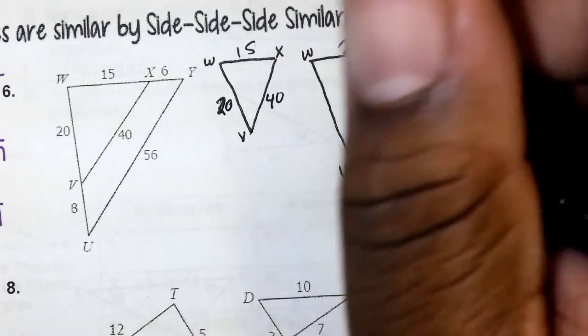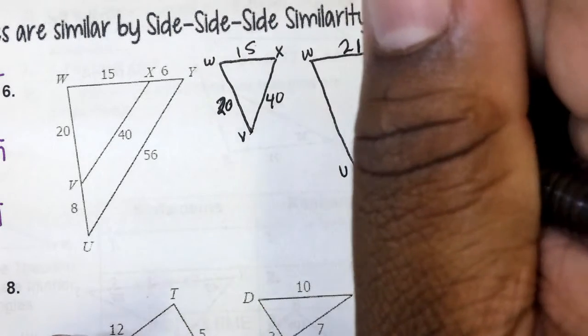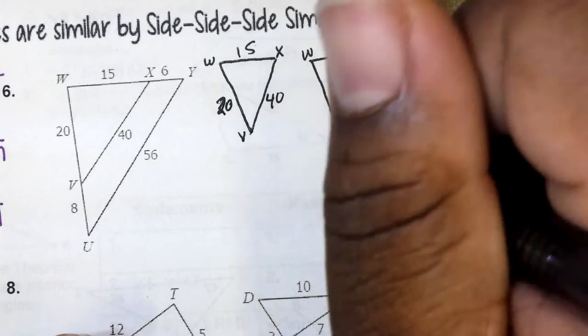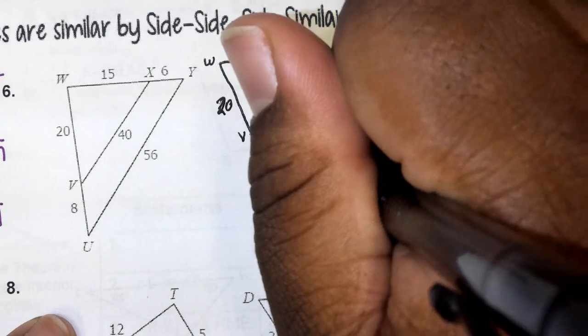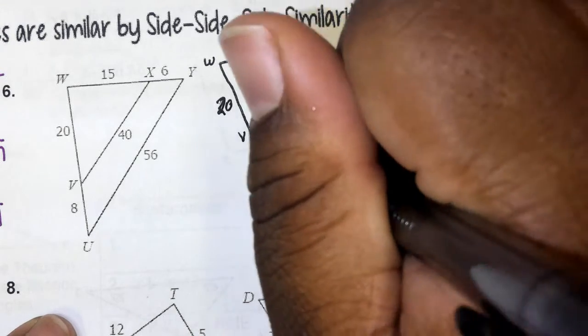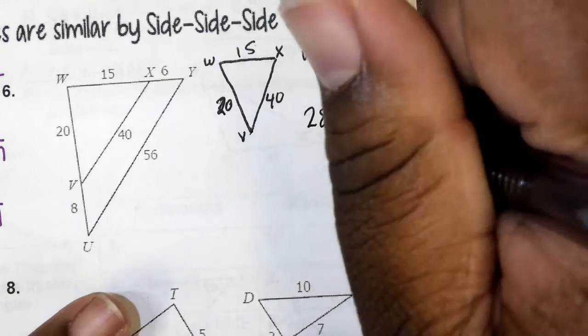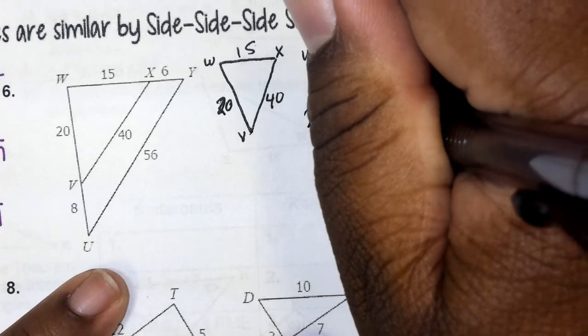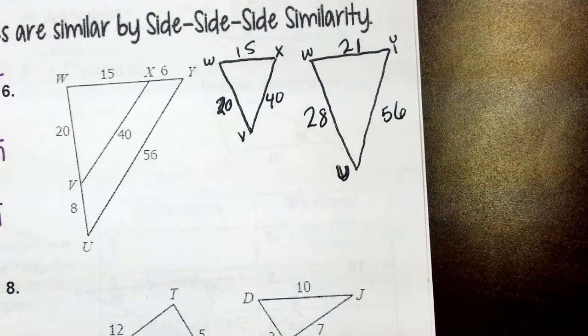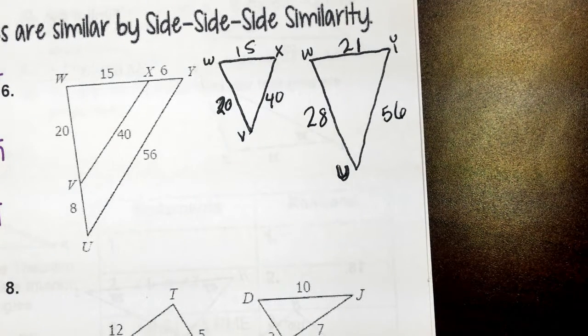WV. It don't matter. WU, excuse me. I'm sorry. Thank you for correcting me. You know what I meant. And then 56 for UI. Alright. Just splitting it helps y'all see the numbers better.